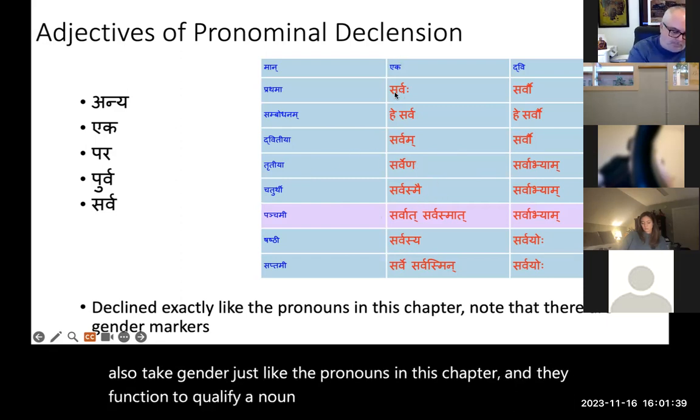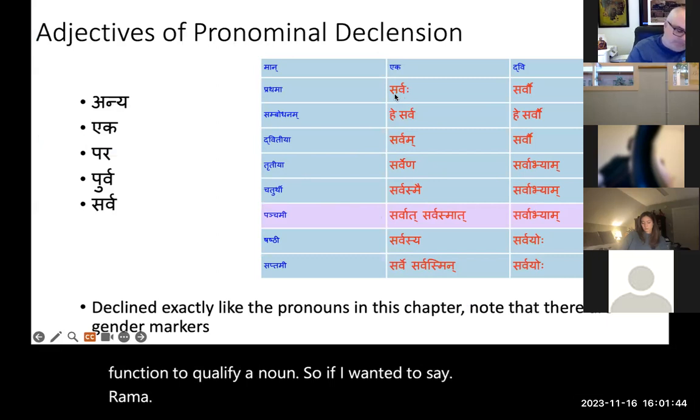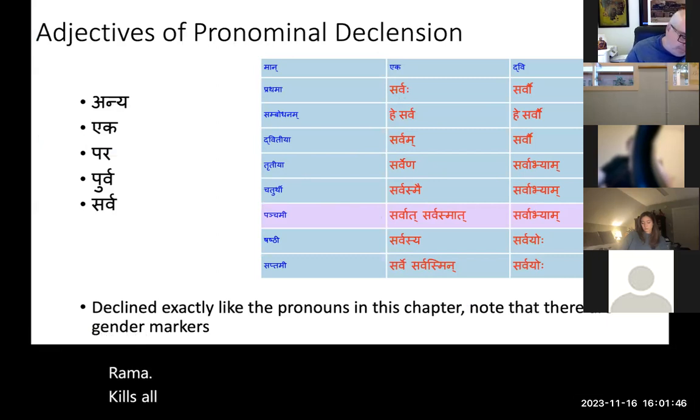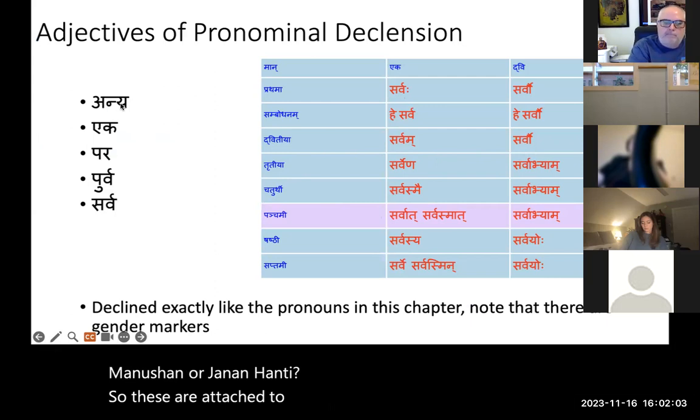So if I wanted to say, Rama kills all men, I would say Rama sarvan manushan janan hanti. So these are attached to nouns to nuance it. So anya means other.